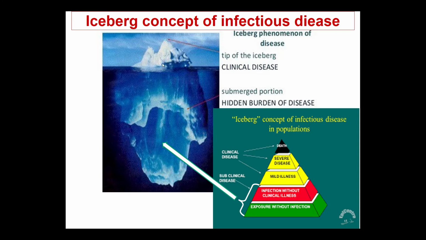Only some of them have the infectious disease demonstrated by symptoms, and the majority of the hosts are hidden, the hidden burden of the disease, because they are infected but don't develop symptoms and become invisible to other people.